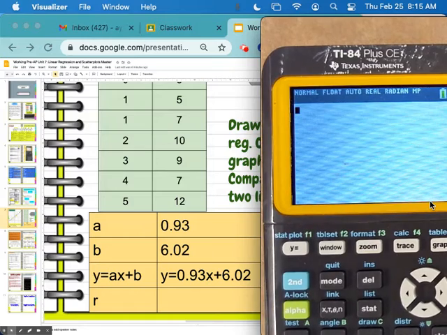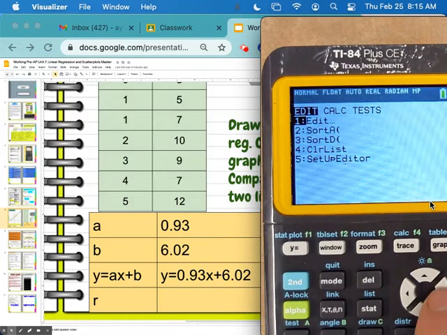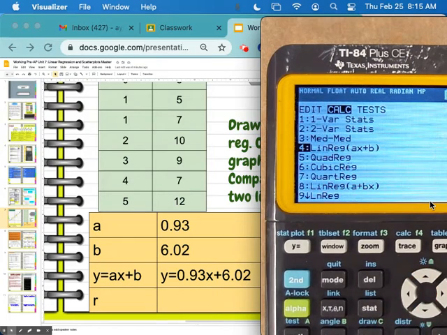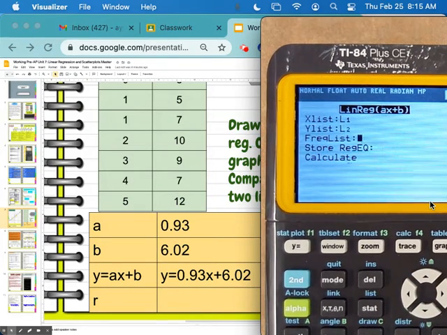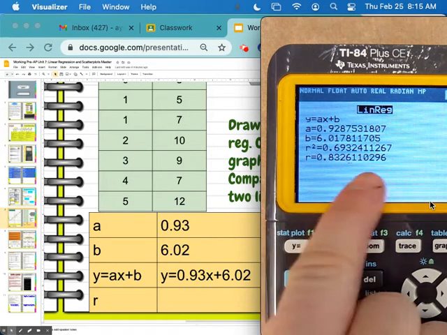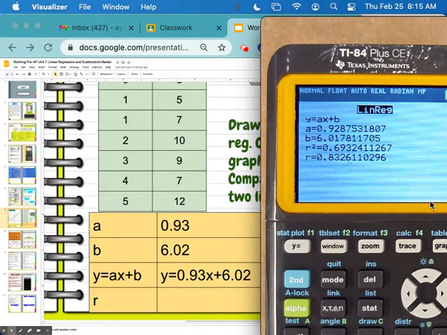And we are going to do the calculate again. So go stat, calc, linear regression, and then calculate. This time it gives you more information. Y'all see that? Okay, so it gives you the A and B just like before, but this time we have an R squared and an R. We're just looking at the R. The R tells us how closely the data is to being in a straight line.